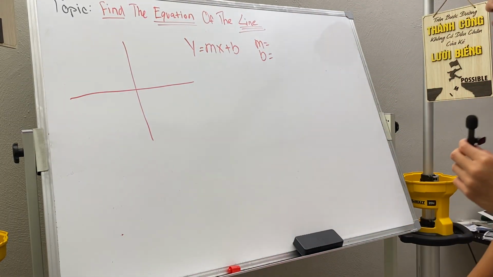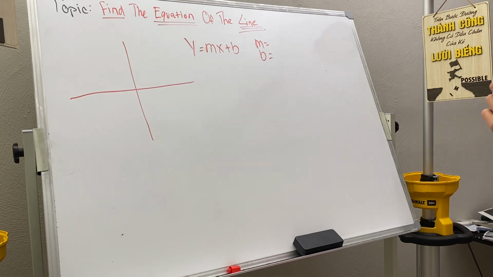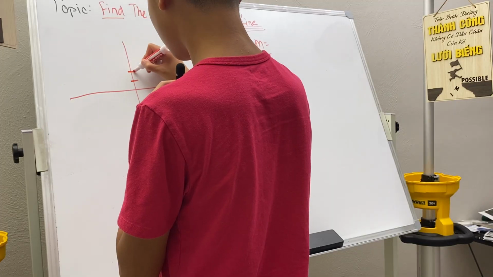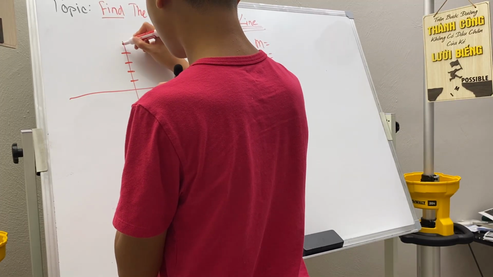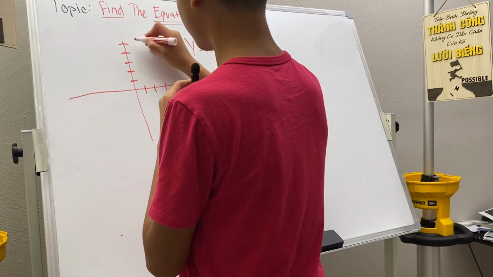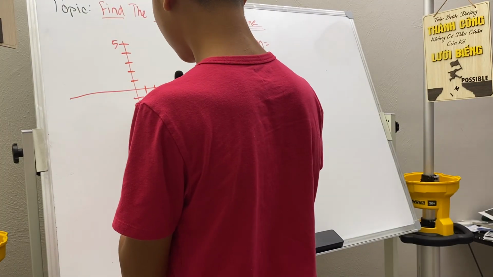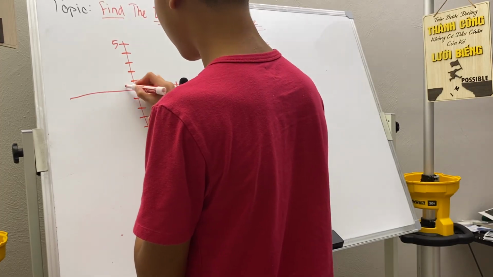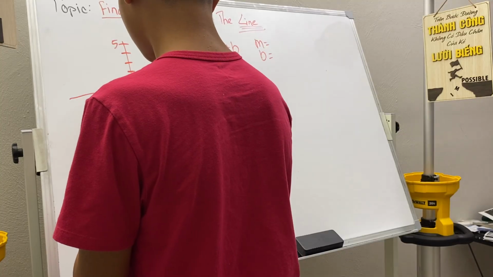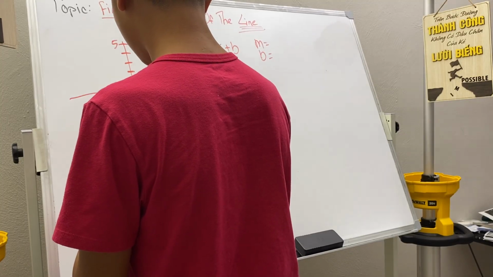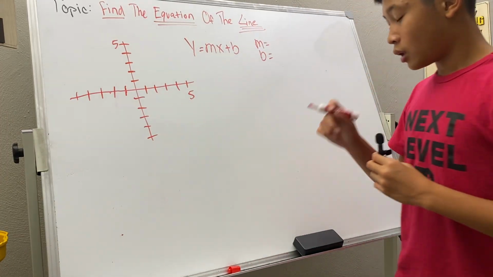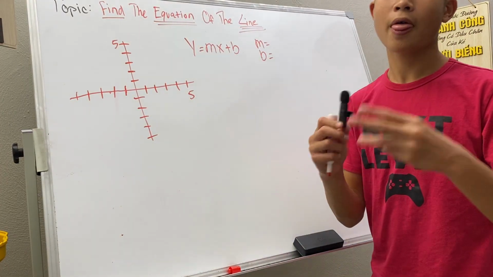We're going to go up to 5, down 5 and over 5. We're going to find 3 equations.